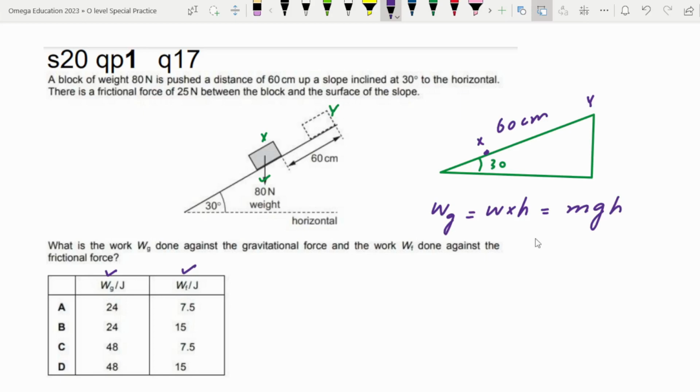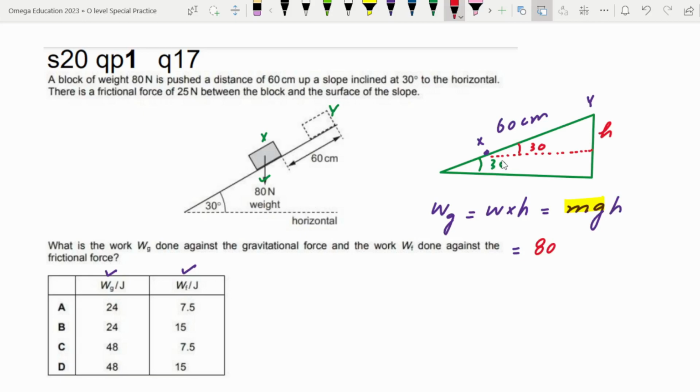So the collective value of m and g, aka weight, is given as 80. And what is the vertical height? Right now we don't know. So what we can do is draw a small triangle here like this, and this is the height that needs to be found out, and this angle would be 30, because I've drawn the parallel line with this one.